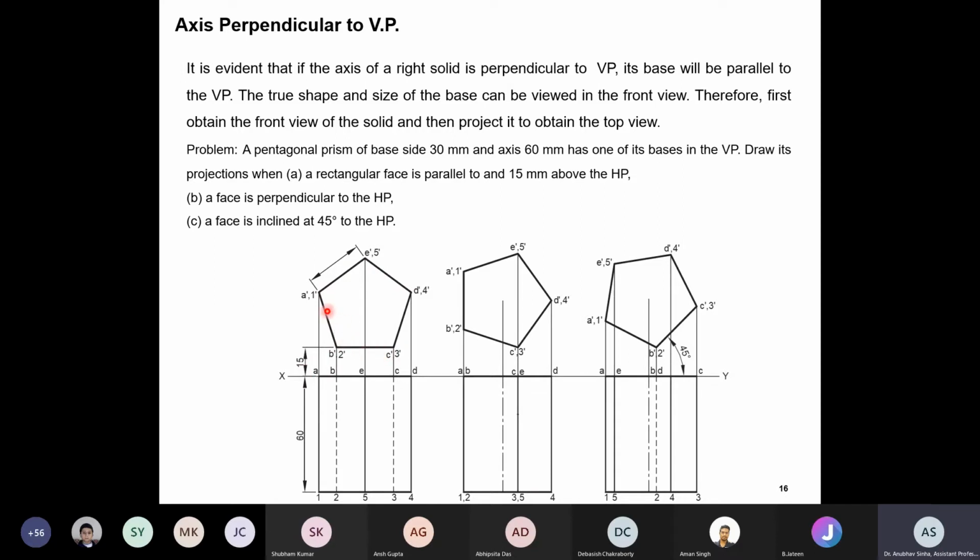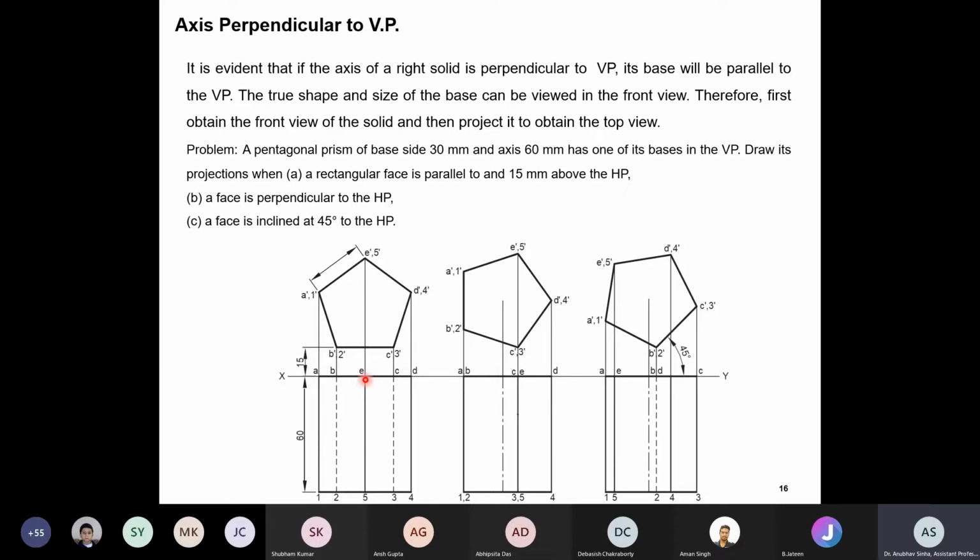Now from that pentagon, take the projector lines and meet them to the XY line. All the projector lines are meeting this XY line, at ABCD, whatever the polygon we have drawn. Now the axis is basically perpendicular to VP, so it is parallel to HP. This is the axis.